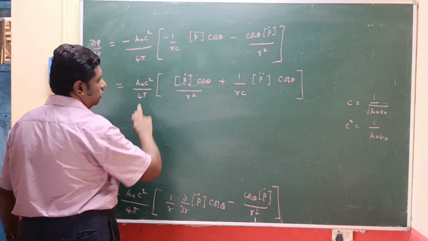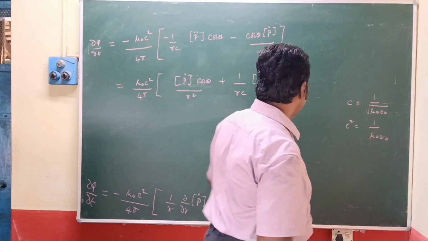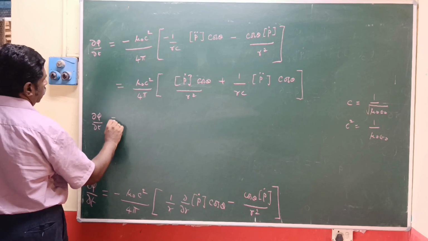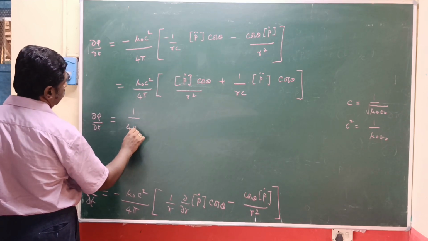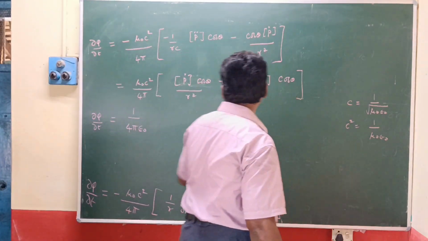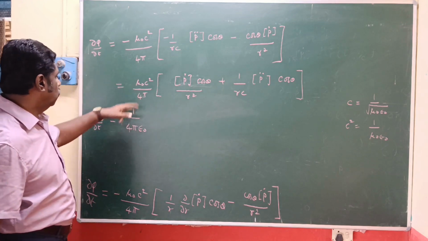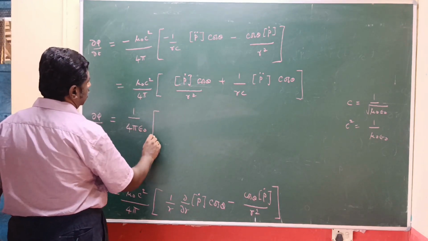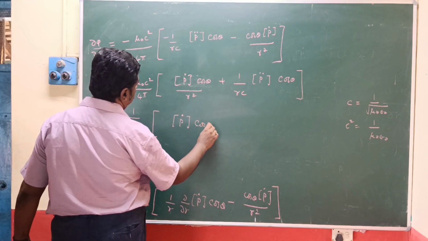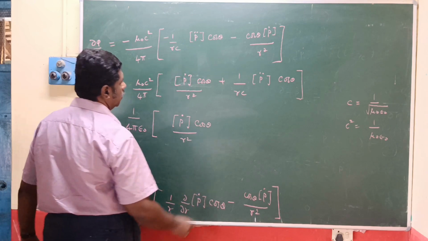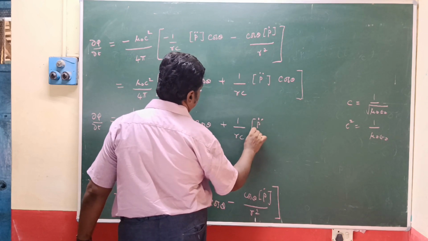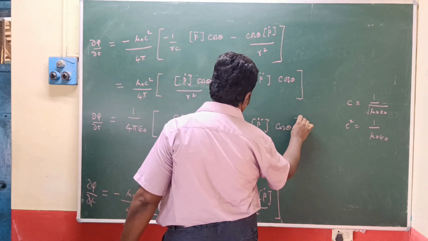So instead of this c², we may put 1/(μ₀ε₀). Then ∂φ/∂t equals 1/(4πε₀), as μ₀ gets cancelled, into [p single dot cos θ/r² plus 1/(rc) p double dot cos θ].